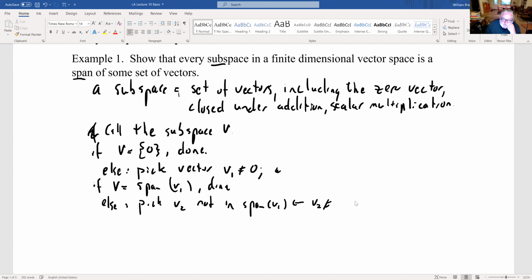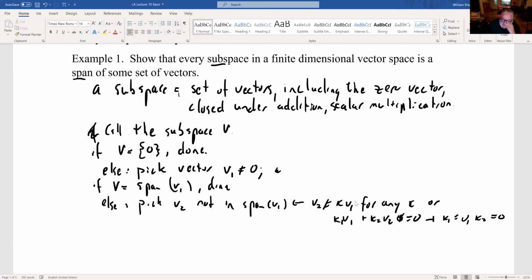V2 does not equal K V1 for any value of K, or K1 V1 plus K2 V2 does not equal 0 unless K1 equals 0 and K2 equals 0, which means they're linearly independent.